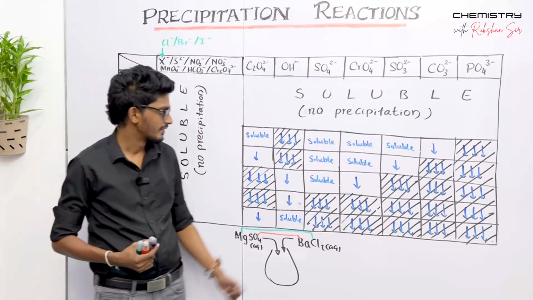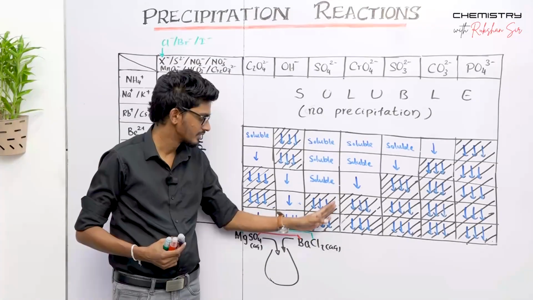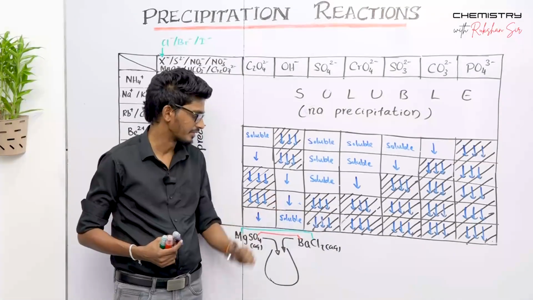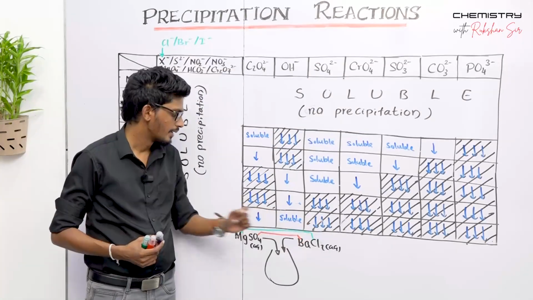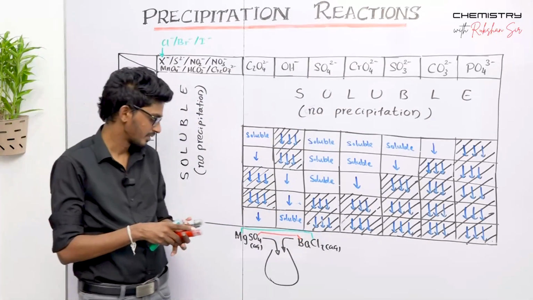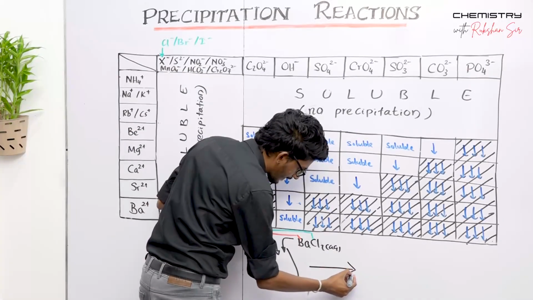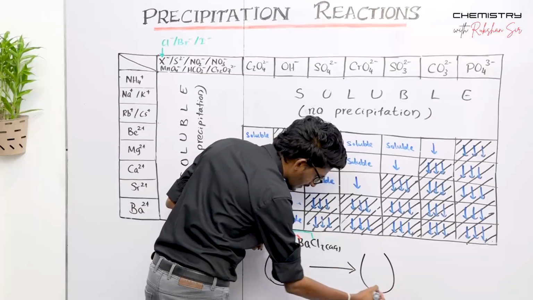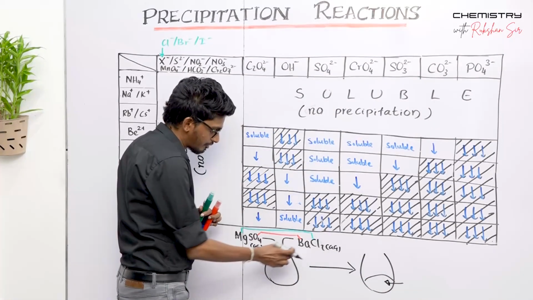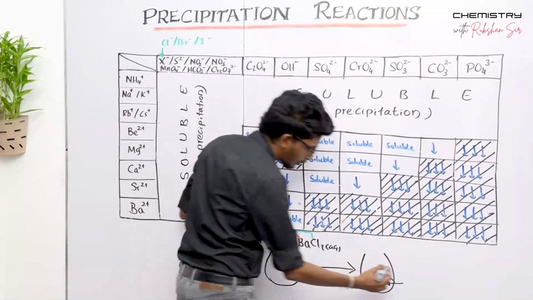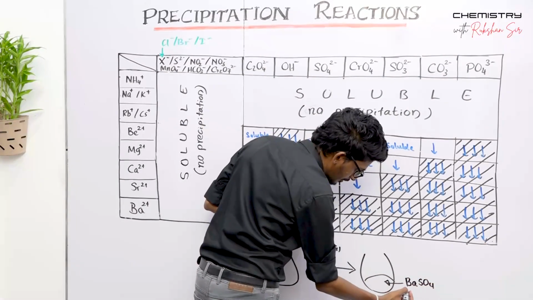These are soluble, and these are precipitates. What I have colored dark are the precipitates. So sulfate combining with barium 2 plus gives you a precipitate. With this reaction, you would observe a precipitate, which is the precipitate of barium 2 plus and SO4 2 minus ions. That is barium sulfate. So this precipitate appears.